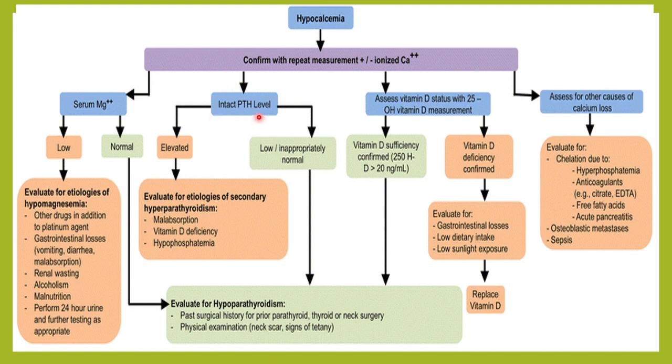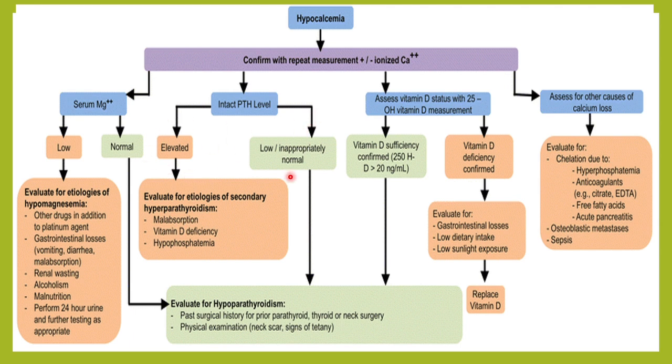So if you get an increased PTH, you know that it can be because of malabsorption or vitamin D deficiency or hypophosphatemia. That is secondary hyperparathyroidism. So because there was malabsorption, there was low calcium, there was low vitamin D. This has stimulated the parathyroid hormone and because of which it was elevated.